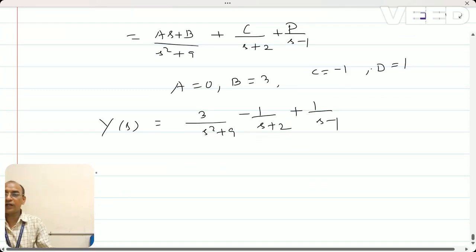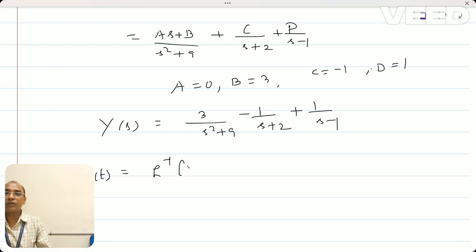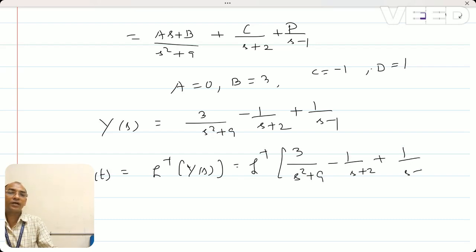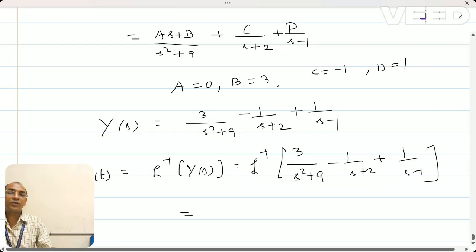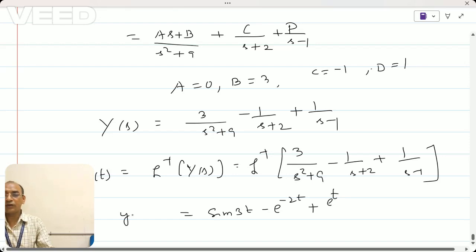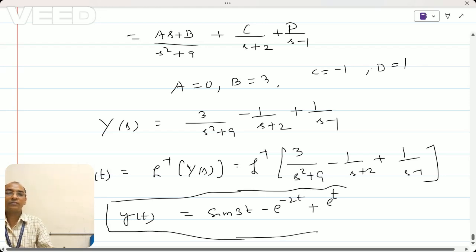So y(t), the solution of the ODE, is the inverse Laplace of Y(s), which equals the inverse of 3/(s² + 9) - 1/(s + 2) + 1/(s - 1). The inverse of 3/(s² + 9) is sin 3t, the inverse of 1/(s + 2) is e^(-2t), and the inverse of 1/(s - 1) is e^t. So this will be the solution of the given ODE.